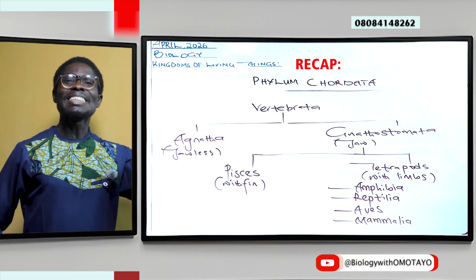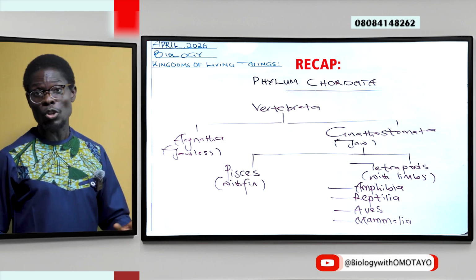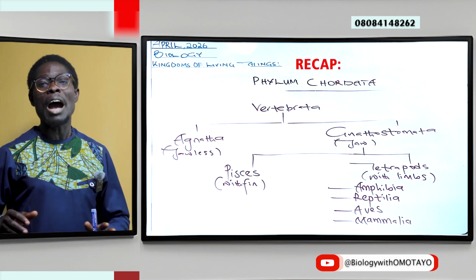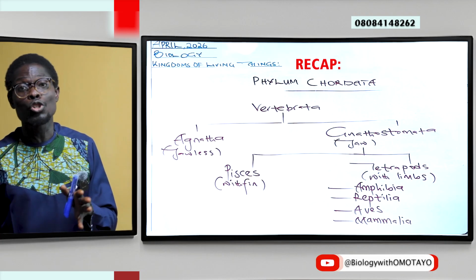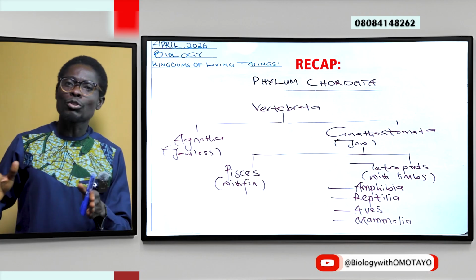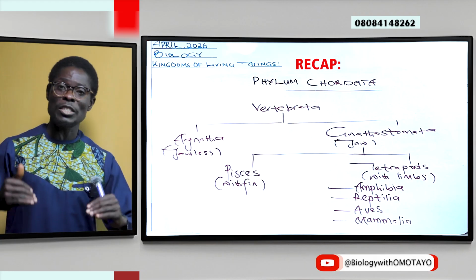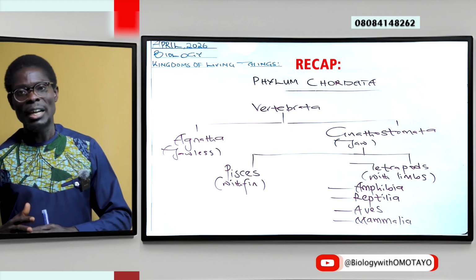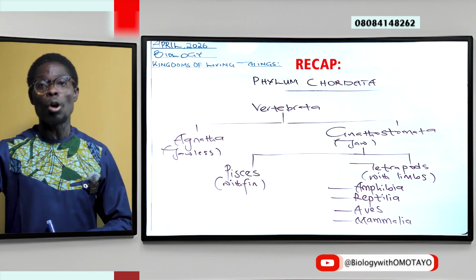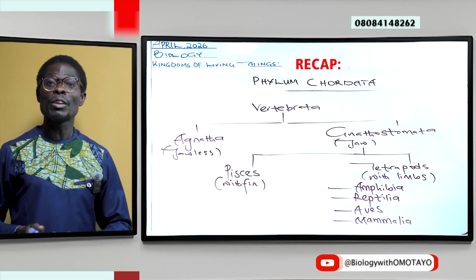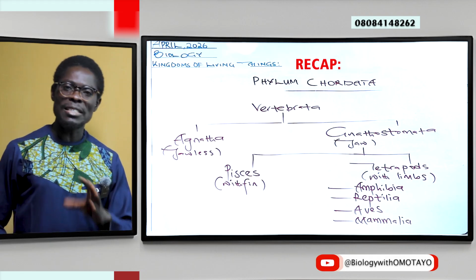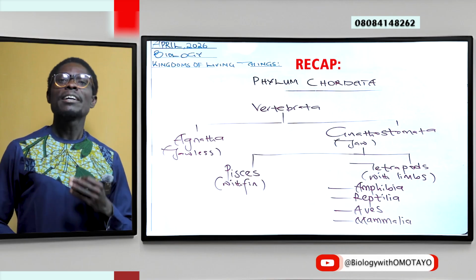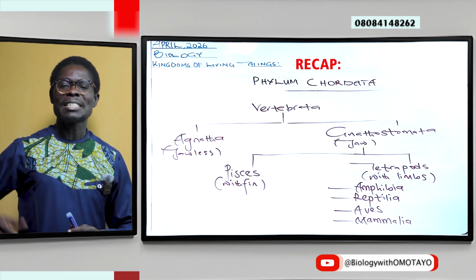The first division, the Agnatha, where you have jawless organisms, and then the Gnathostomata, where you have organisms with jaws. It is under this Gnathostomata that we'll be focusing, because that is where our curriculum is focused. Under the organisms with jaw, we have the following groups: Pisces, with fins, then Amphibia, Reptilia, Aves, and Mammalia as tetrapods.